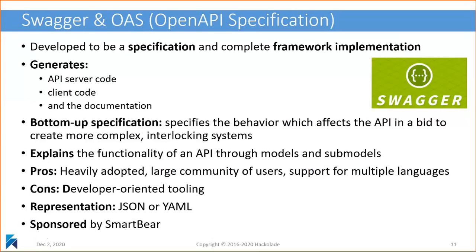There are different solutions that exist to communicate or document APIs. Some are more user-friendly, others are more developer-friendly. One of the most popular solutions is Swagger, which has evolved into a widely adopted open source specification called OpenAPI, or OAS, in its latest version 3.